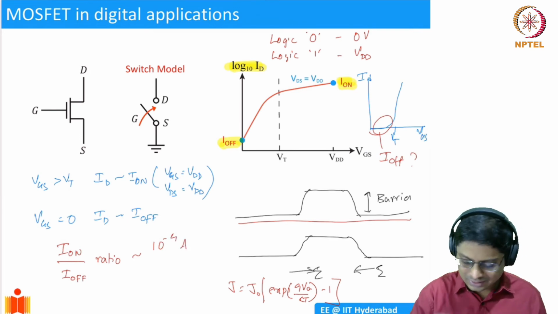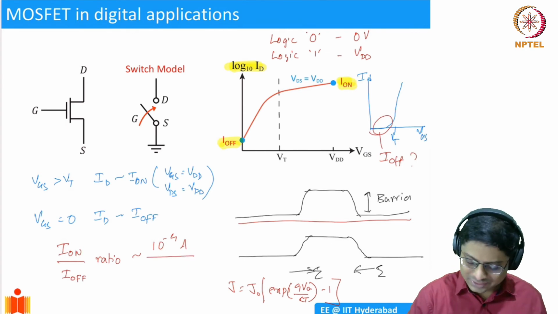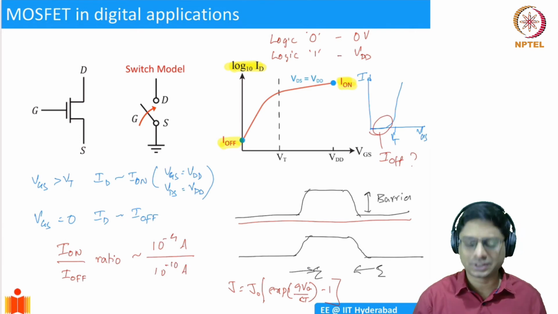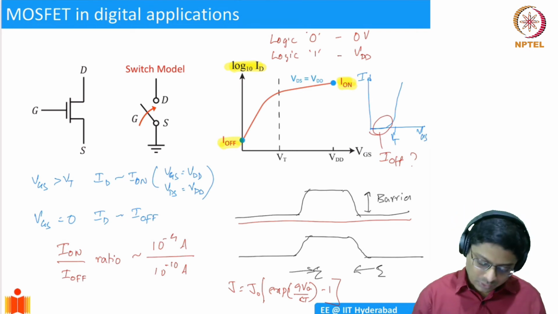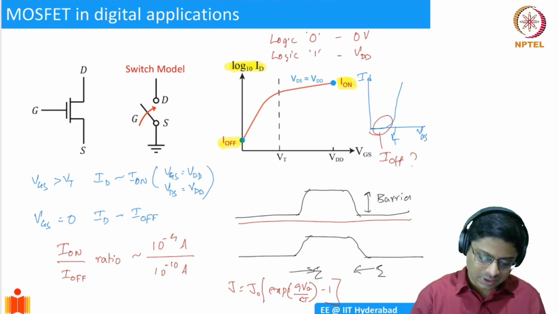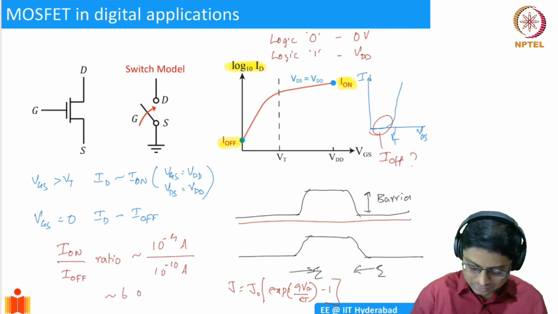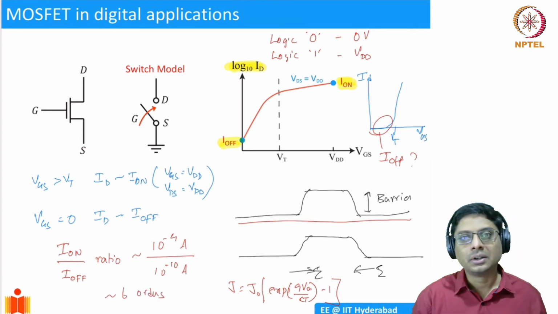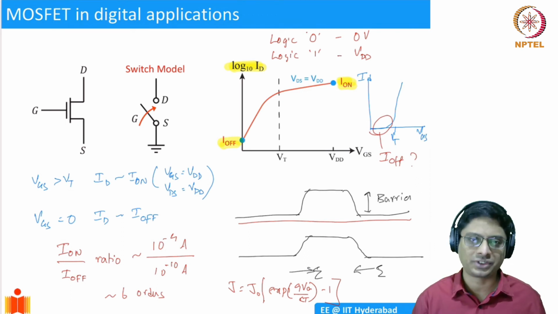Okay, just 0.1 milliamps, 100 microamps, divided by, let's say, 10 power minus 10 amps. This is a typical number. 100 picoamps is not really a large current, for a single MOSFET I'm talking about. So what is the ratio of I on to I off? In this case, it is about 6 orders of magnitude. So this is a large change in the drain current, which is very, very useful for digital applications.